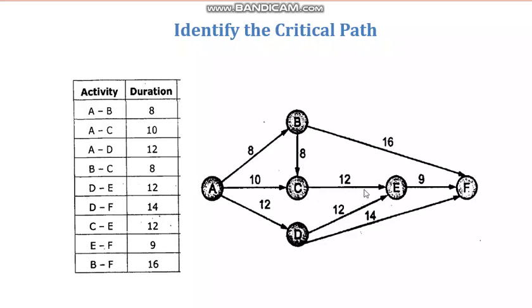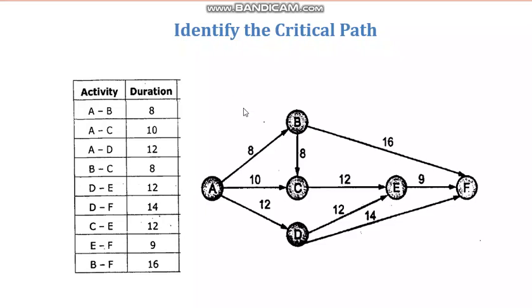This is C, this is E. This should have been given before, because after drawing E and F, we draw this activity of 12 units of time. Anyway, E to F is taking 9 units of time, and B to F, finally, is taking 16 units of time.